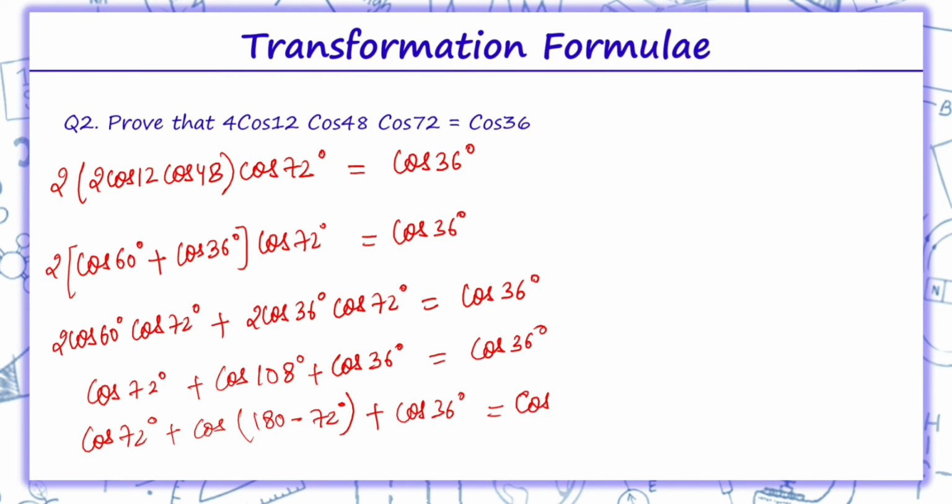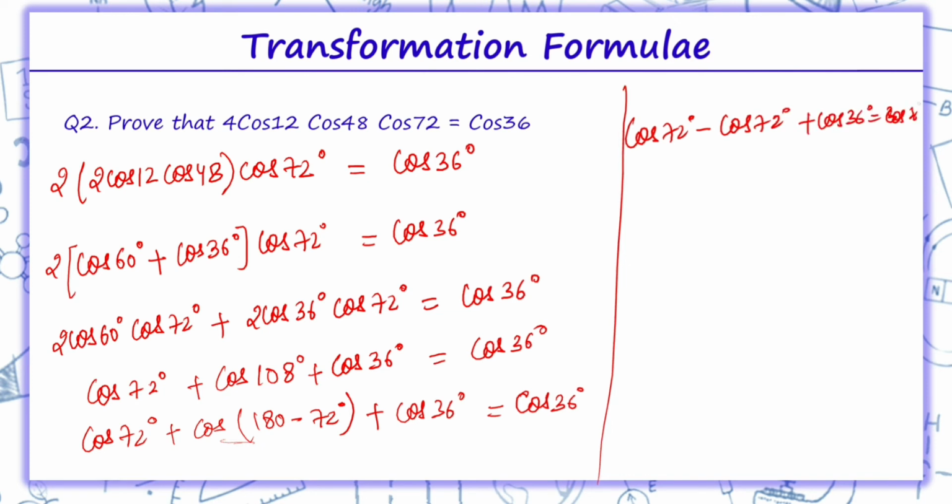Cos of 180 minus theta lies in the second quadrant, and in the second quadrant cos is negative. So this will be written as minus cos 72 degree. Hence this cancels out. Cos 36 degree is equal to cos 36 degree, hence proved.